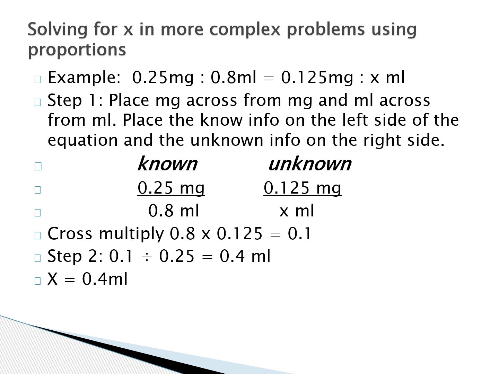Okay, so we're going to set this up again, putting the milligrams across from each other and the mils across from each other. Our left side goes on the top, so the 0.25 goes on the top, the 0.8 goes on the bottom, and this should be equal to our unknown of 0.125 milligrams.